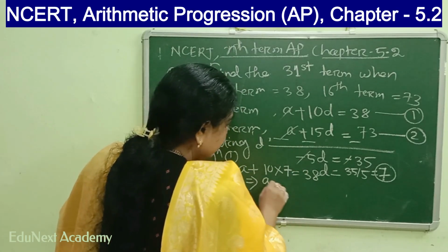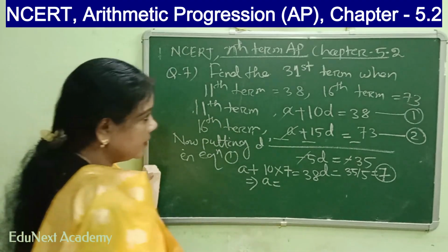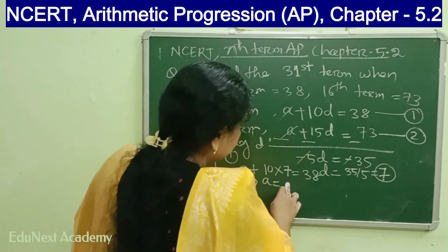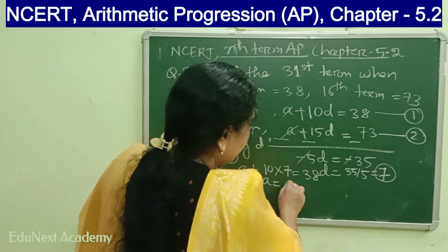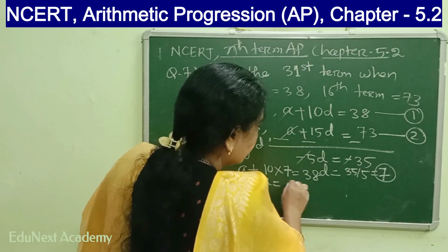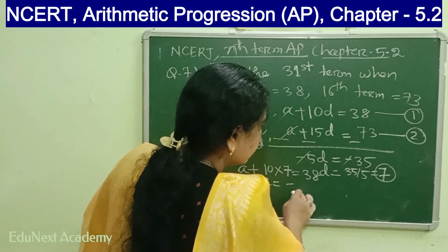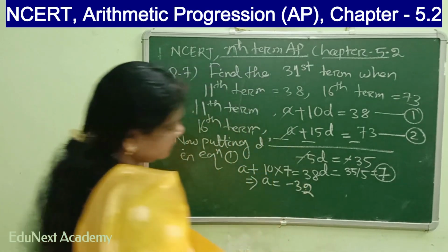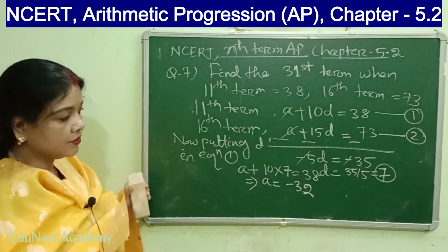This implies a is 38 minus 70, that is a is minus 32. We got a as minus 32.